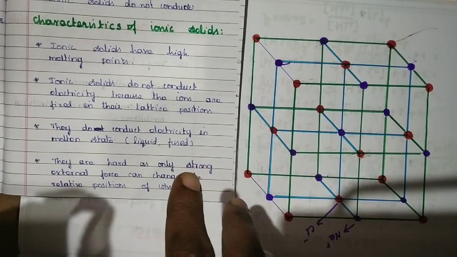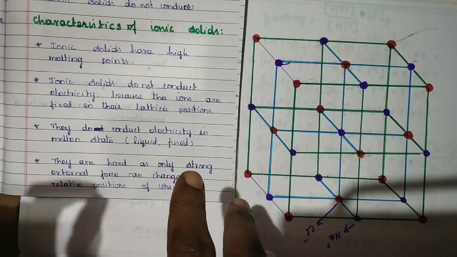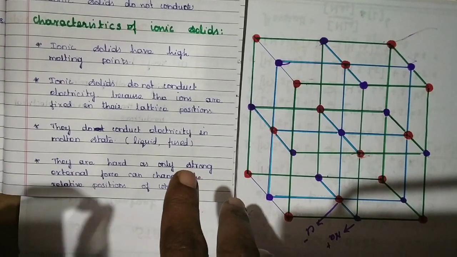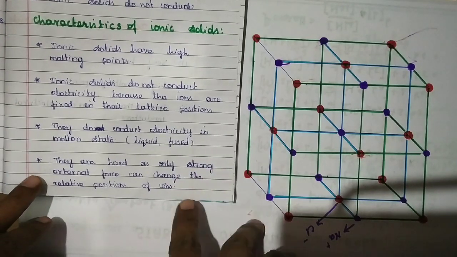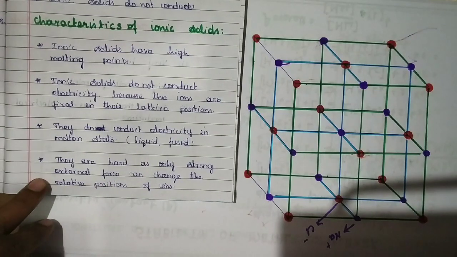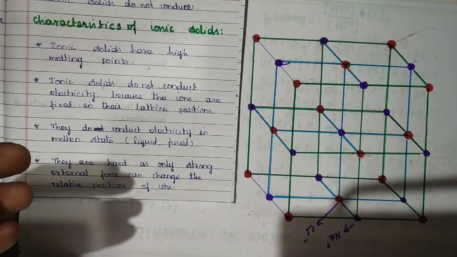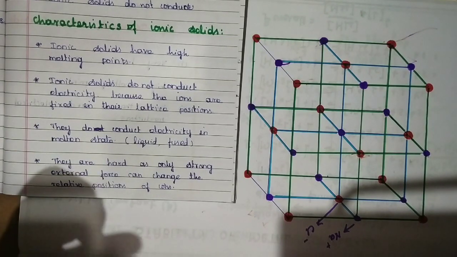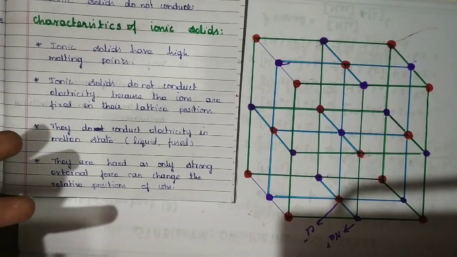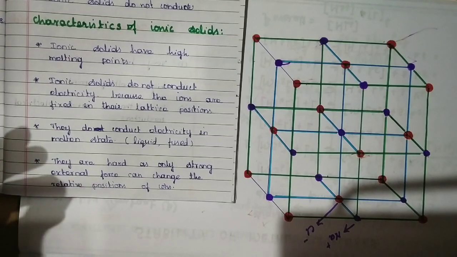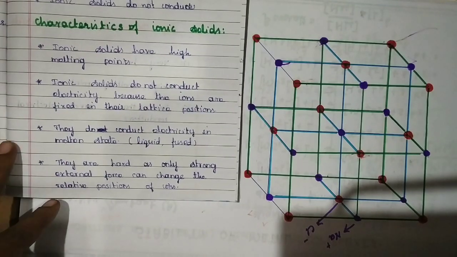So in the solid state they cannot conduct electricity, but in the liquid and fused, that means molten, state they do. They are hard as only a strong external force can change the relative positions of ions, because all the ions are held together very tightly packed. Therefore it is very hard to break the crystal lattice. These are the characteristics of ionic solids. Do you understand?